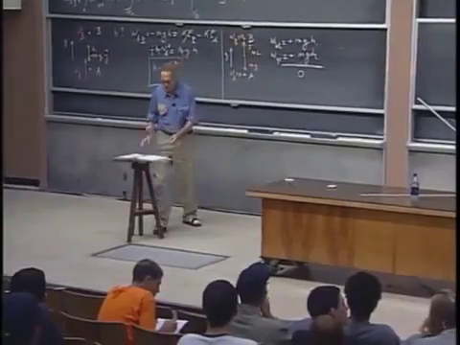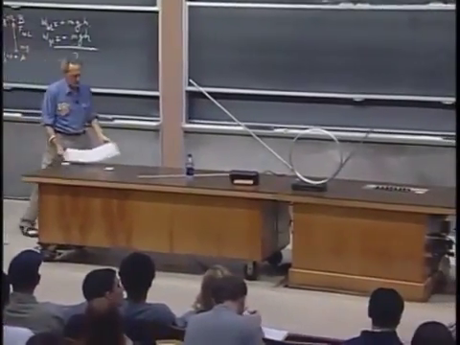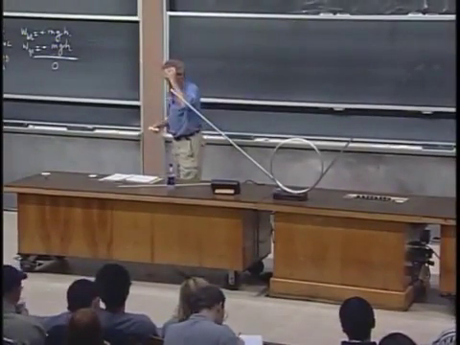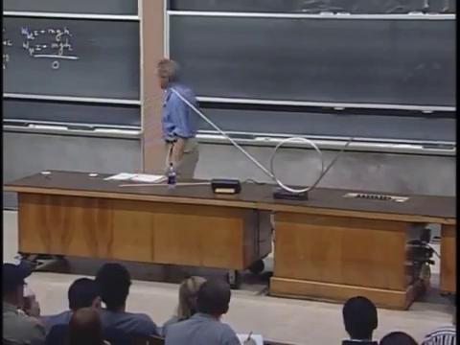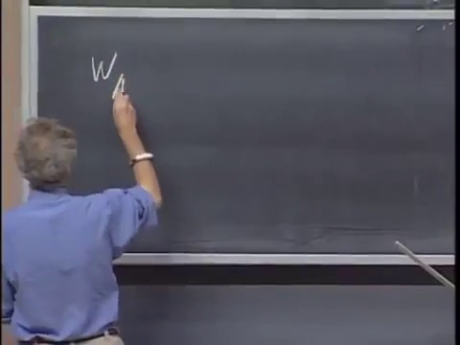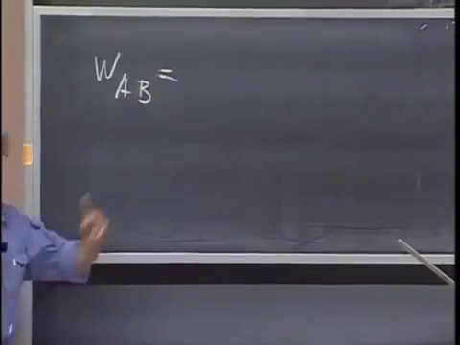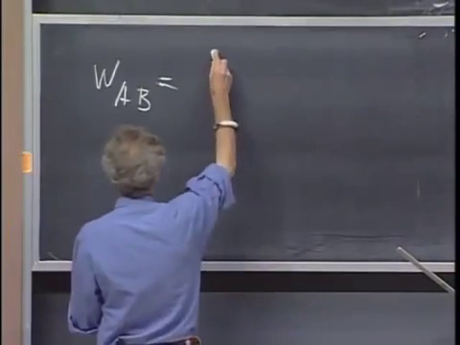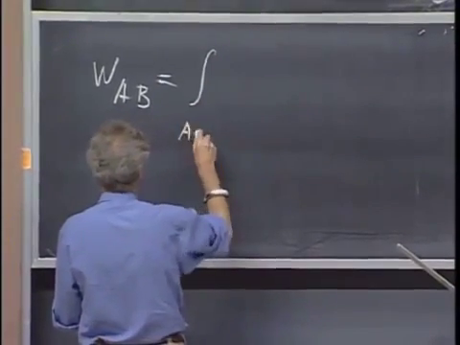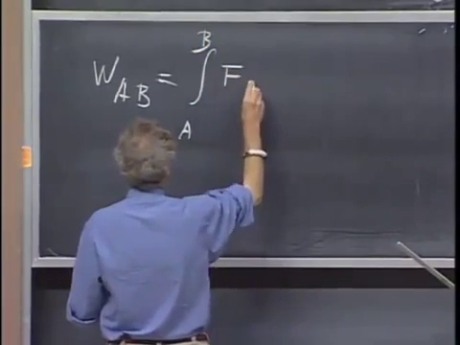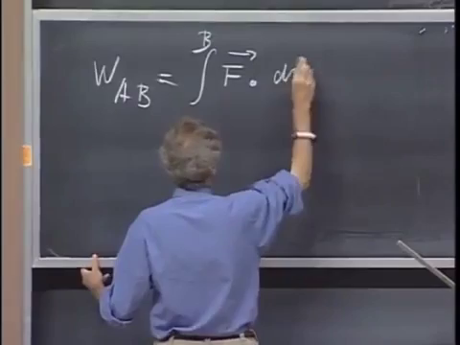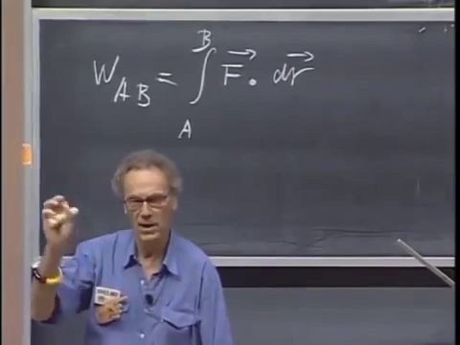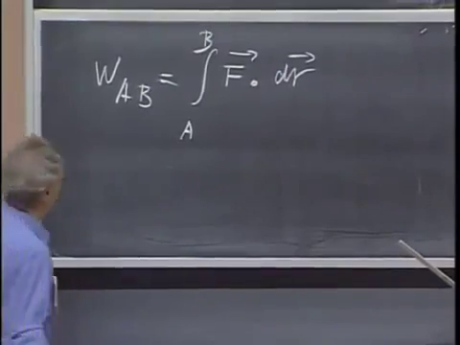Now let's go from 1 dimension to 3 dimensions. It is not very much different, as you will see. I go in 3 dimensions from point A to point B, and I now have a force which could be pointing not just along the x direction, but in general in all directions. Now the work that the force is doing in going from A to B is F dot dr. r is the position in 3-dimensional space where the force is at that moment, and dr is a small displacement.